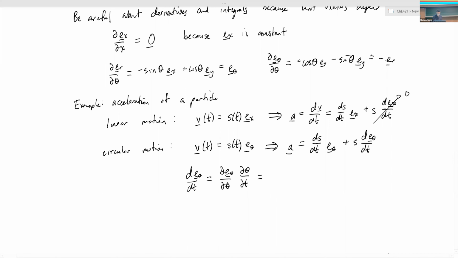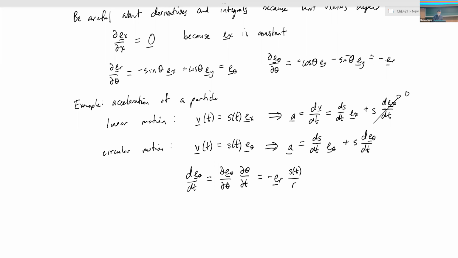So that's negative er. And d theta dt is just the change in angular position with respect to time, and so therefore that's the angular speed. s of t is the linear speed, and if you divide that by r, that gives you the angular speed. That gives you how fast theta is changing with respect to time.